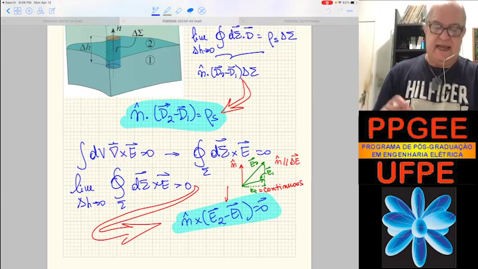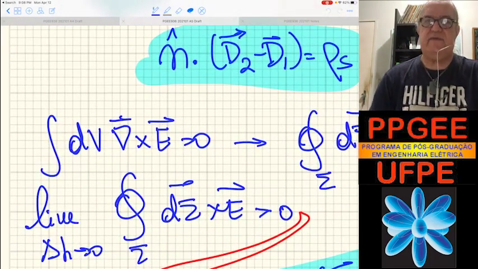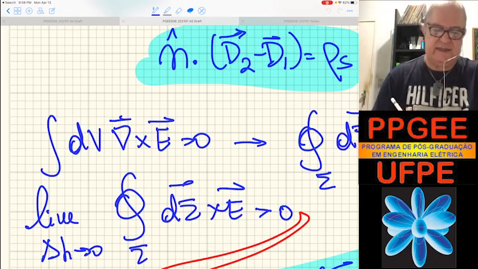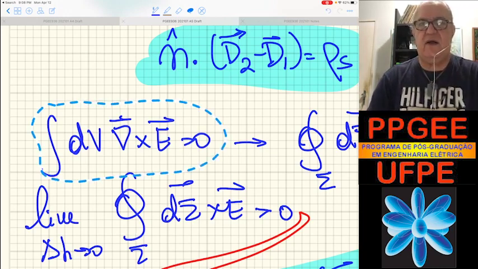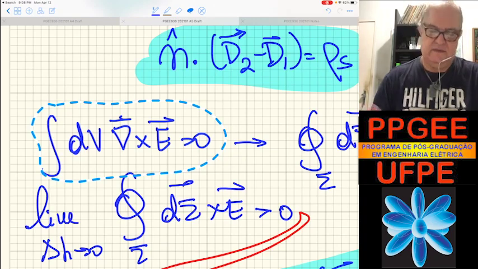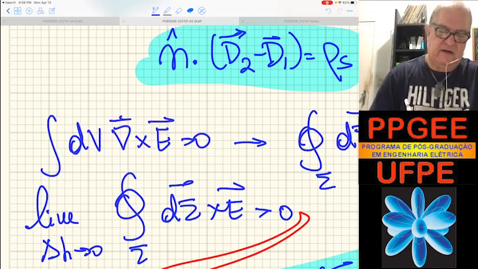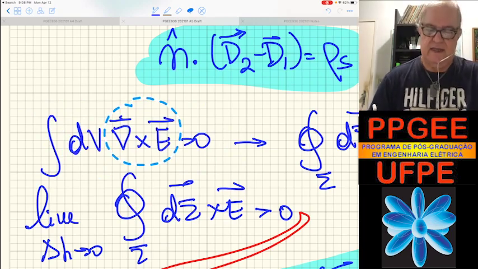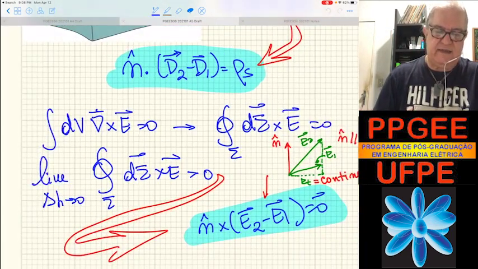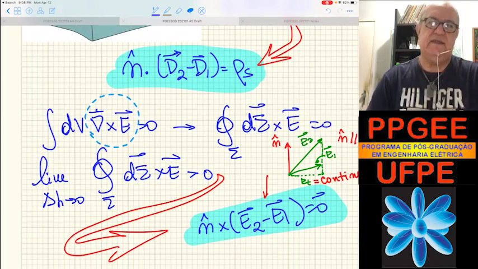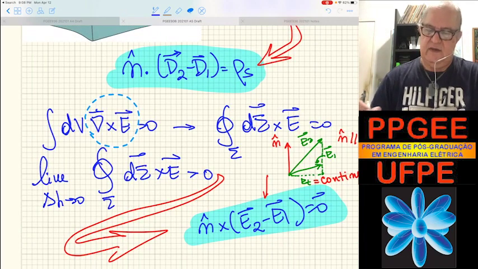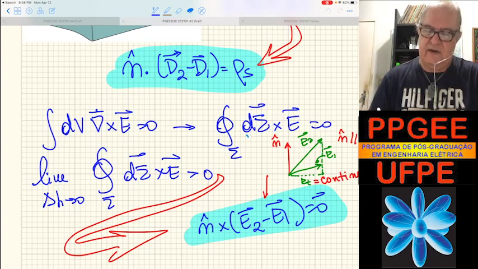Finally, the second equation. Now I'm going to express the integral form of Maxwell's equation as this very simple relation here. If curl of E equals 0, it means that the volume integral of curl of E is also equal to 0. Recall that we had that theorem relating the volume integral of curl of E to the surface integral of delta sigma n cross E, which equals 0.